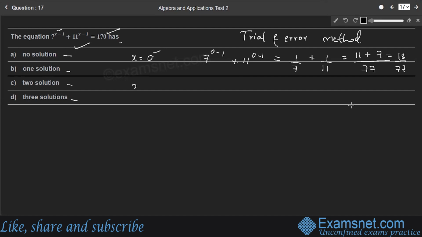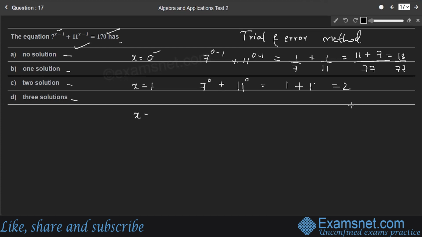If x is equal to 1, the equation becomes 7 raised to 1 minus 1, which is 0, plus 11 raised to 1 minus 1, which is 0. Any number, if its power is 0, is equal to 1. So 1 plus 1 is 2, not equal to 170. Therefore, x is equal to 1 is not the solution.